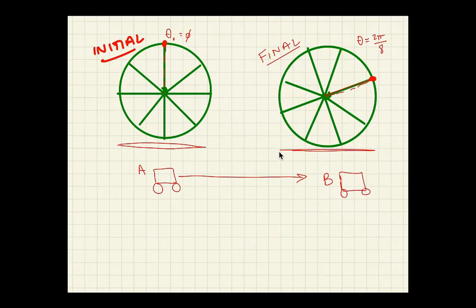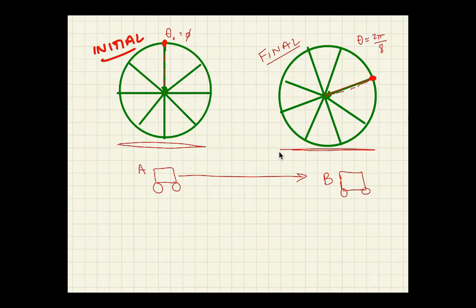So in this case, how do you relate the two, right? Well, consider this, that as the wheel turns, this arc length here is the actual distance covered by the point on the outside of that wheel.